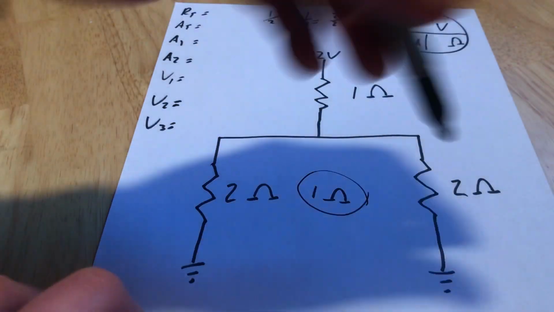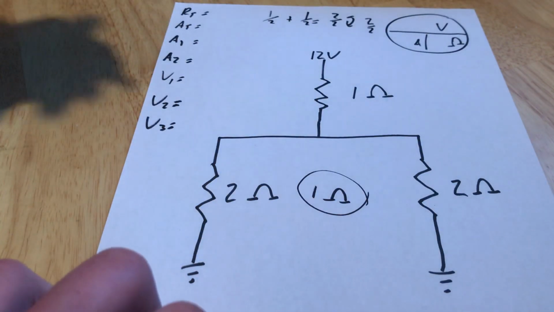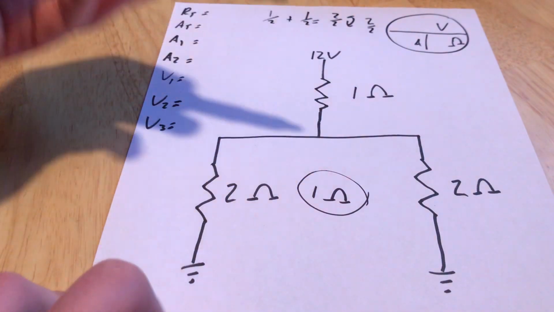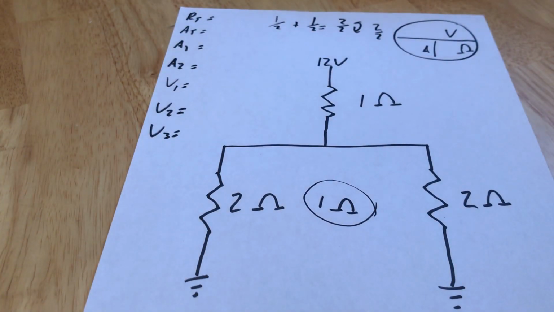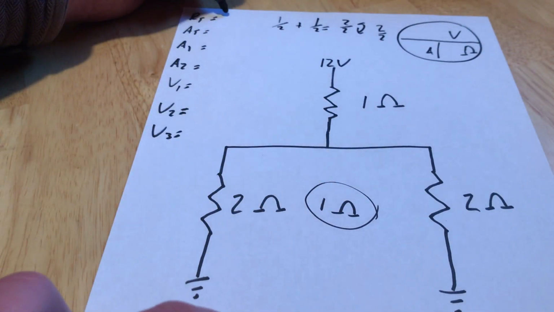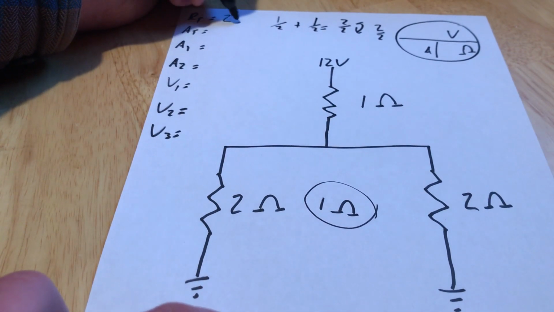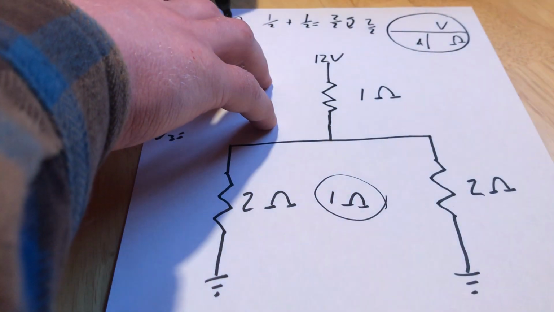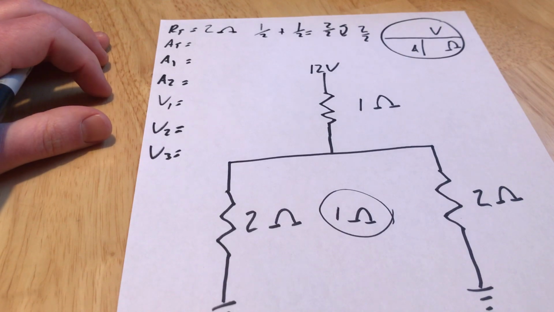Alright, so I'll draw a circle on it so it's encompassing that parallel circuit. 1 ohm, 1 ohm. Well, now we can start to treat this thing like it's a very, very simple circuit. And we have a total circuit resistance of 2. There's our 2 ohm resistance written up there.